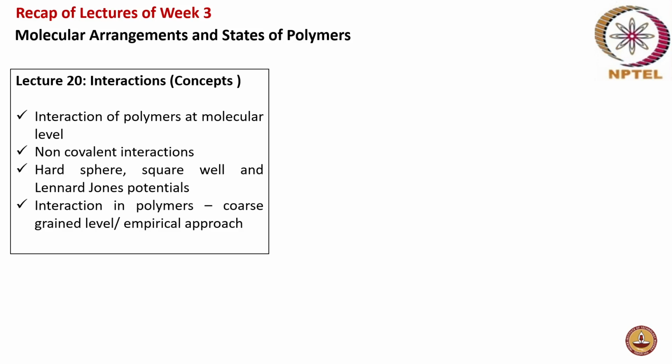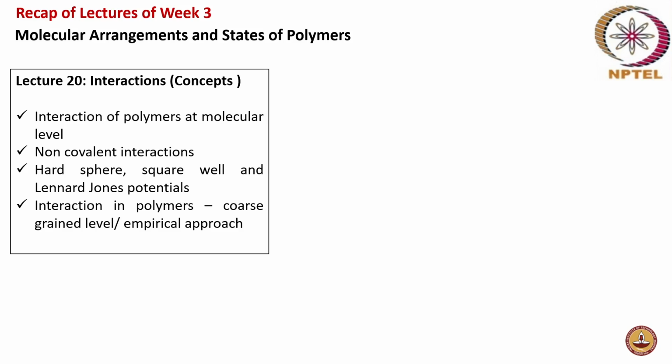And then lecture 20 was on interactions. So interaction of polymers at molecular level, right? And then non-covalent interactions or non-bonded interactions like van der Waals interaction, hydrogen bonding, electrostatic interaction, polar and dipole-dipole interaction. And then based on the interaction, you have the hard sphere model, and then square well, Lennard-Jones potential were all discussed.